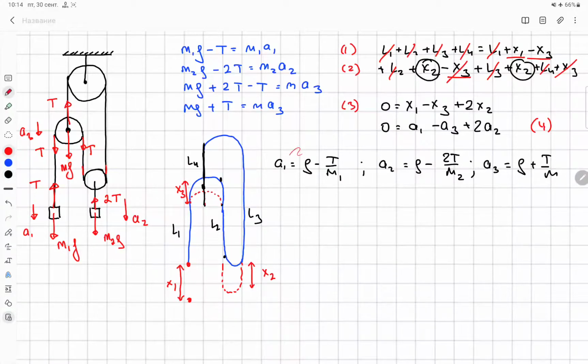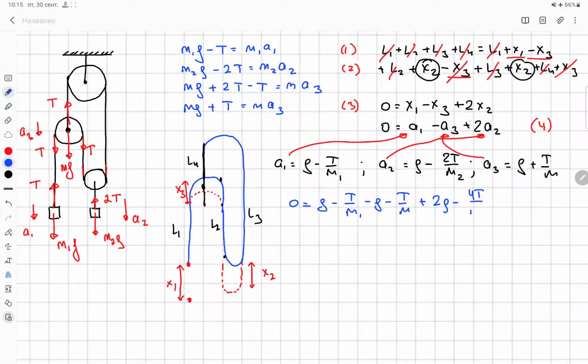And now we will substitute into equation number 4. And we can find tension first of all. So: a1 is g minus T over m1, minus a3 which is g plus T over m, plus 2a2 which is 2g minus 4T over m2.